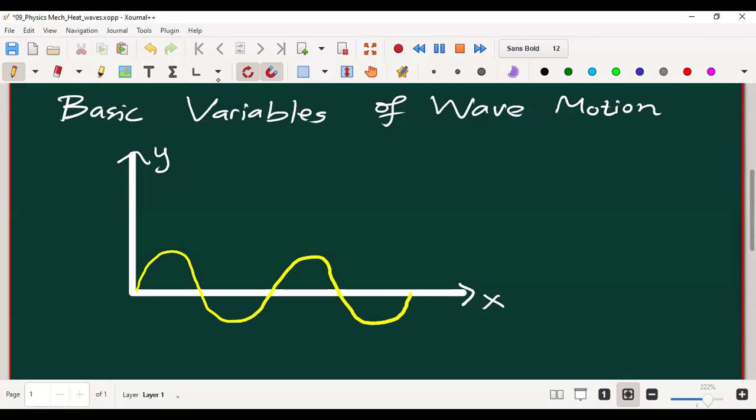One wavelength is from peak to peak here. This is called one wavelength. Lambda is the symbol of wavelength. Also from the bottom here, this one is also one wavelength. So the variable lambda is the length of the wave. The distance from one crest to the next is called the wavelength.